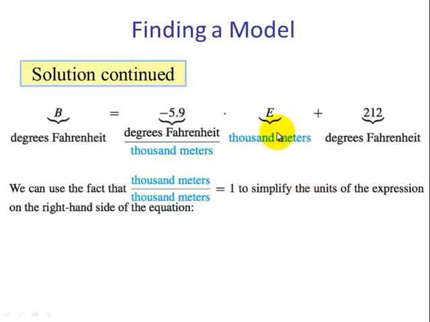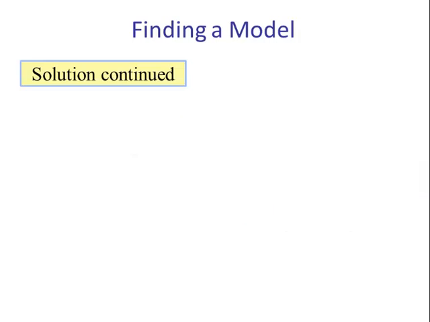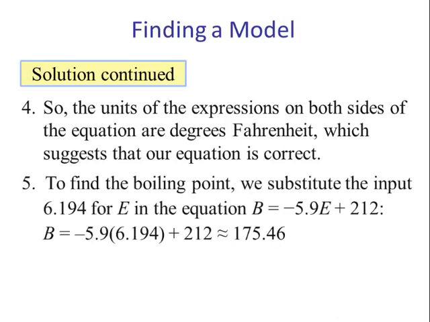Now the 1,000 meters and 1,000 meters will cancel, and we have degrees Fahrenheit plus degrees Fahrenheit equals B, which is degrees Fahrenheit. So the units of the expressions on both sides of the equation are degrees Fahrenheit, which suggests that our model is correct.